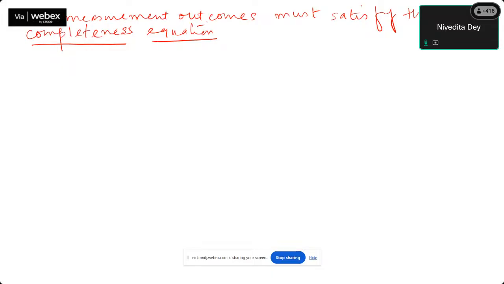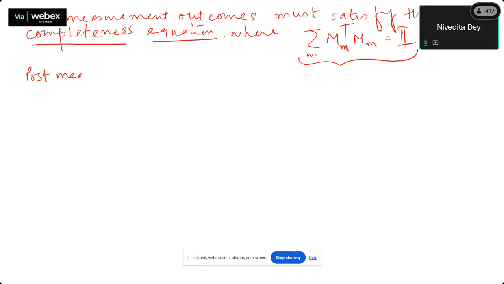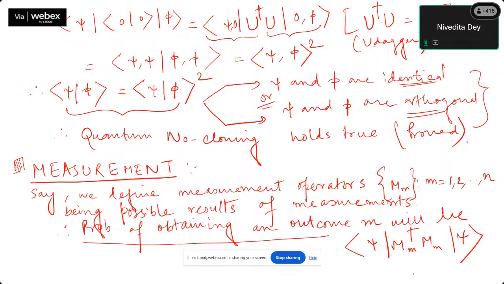Okay. So this thing should hold true for all the measurement. And the post measurement state will be whatever we have seen here.